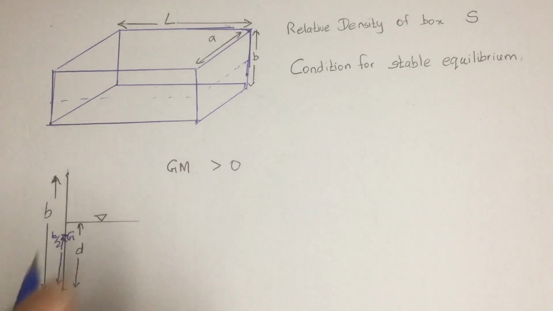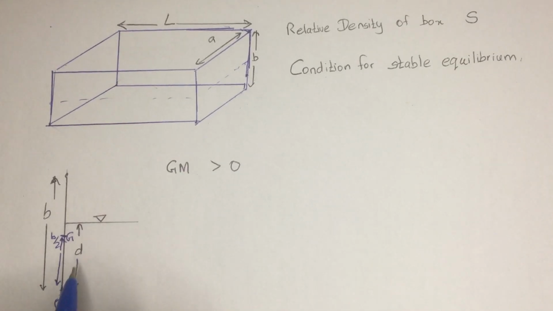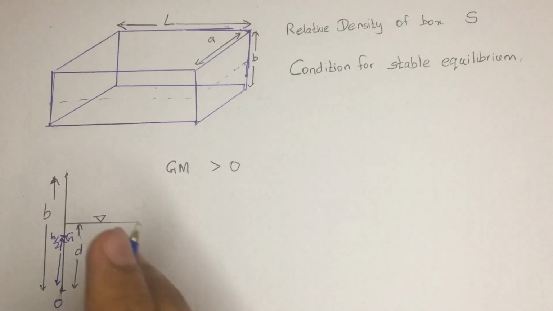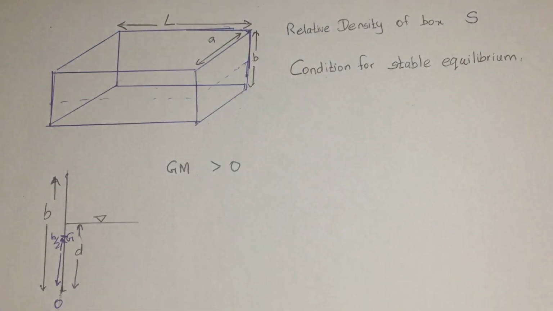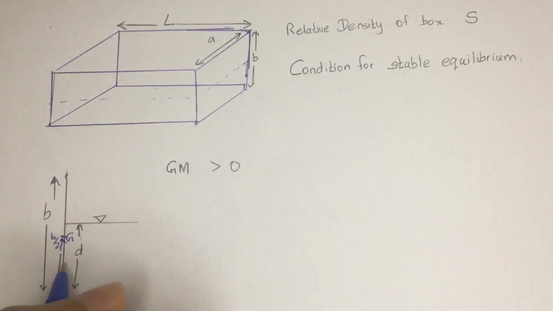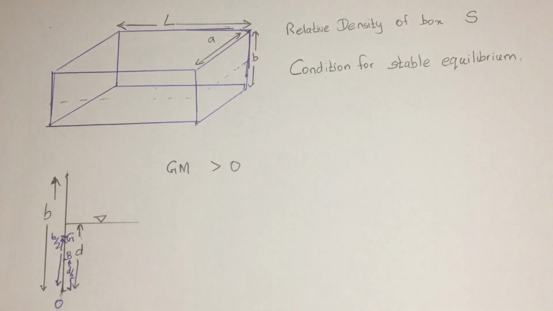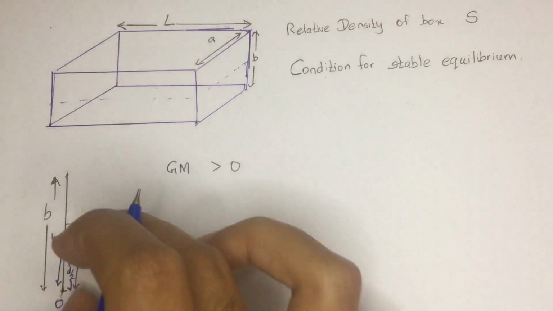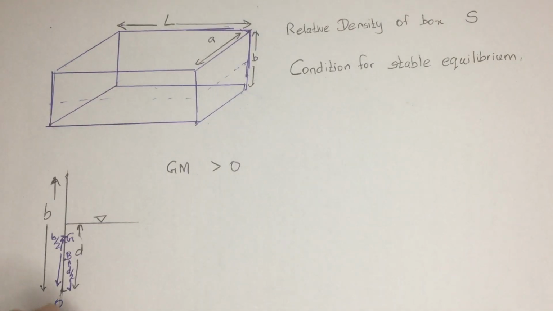The next part is to find where the center of buoyancy will be. If it is submerged to a depth of D, it's also a similar rectangle, so the center of buoyancy would be in the middle of the submerged depth. It's going to act at a D/2 distance from the O.